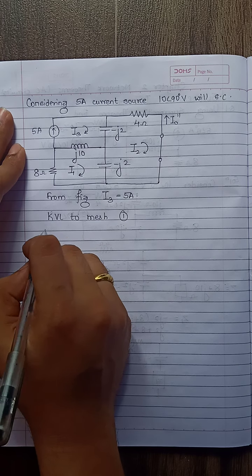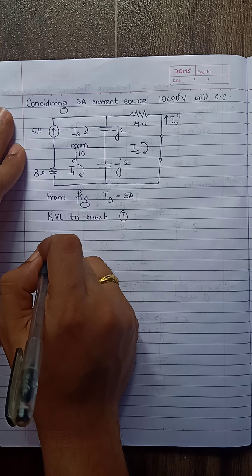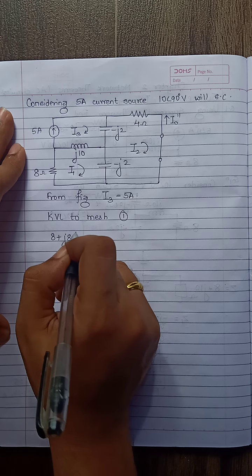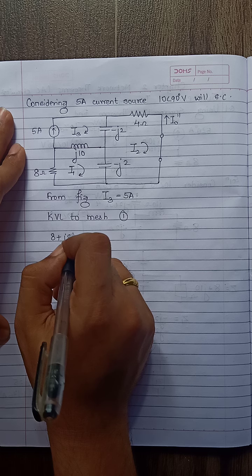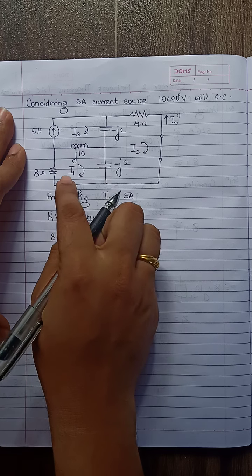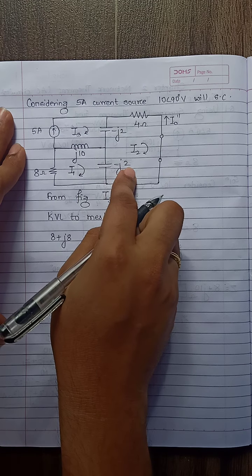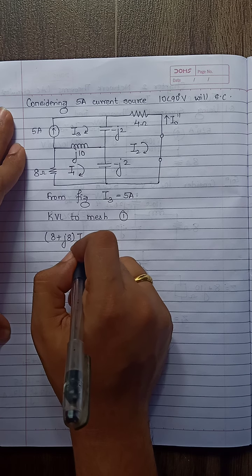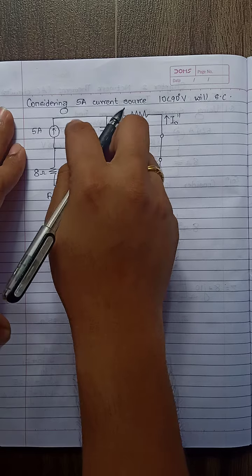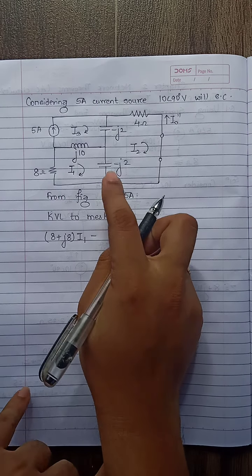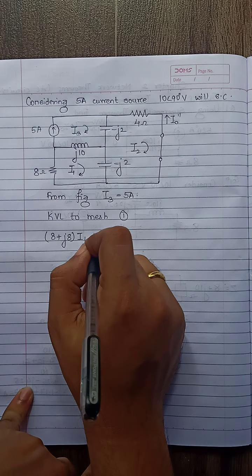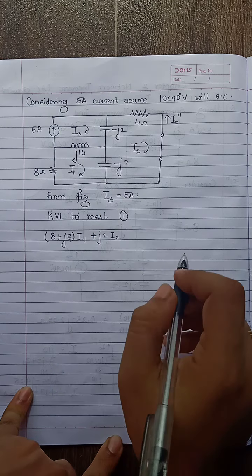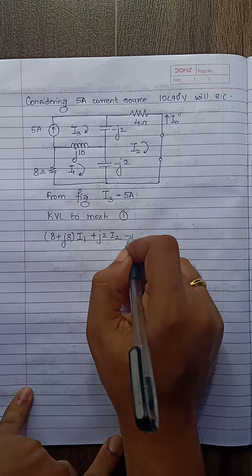It will give me 8 plus J8, that is 8 plus J10 minus J2, total impedance in the first mesh, into I1, minus common with the second, so plus J2 I2, common with the third is minus J10.